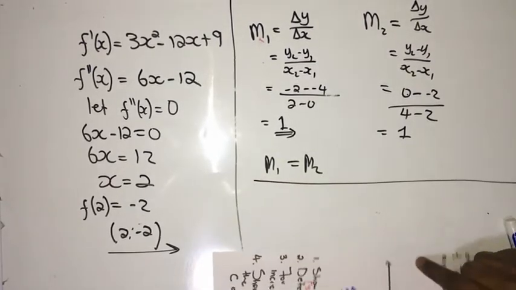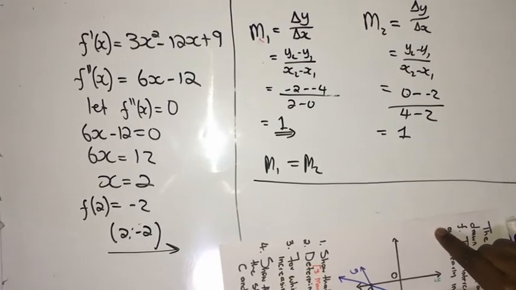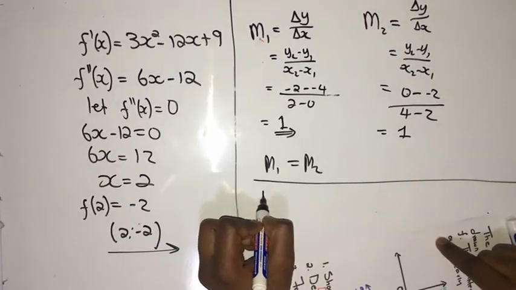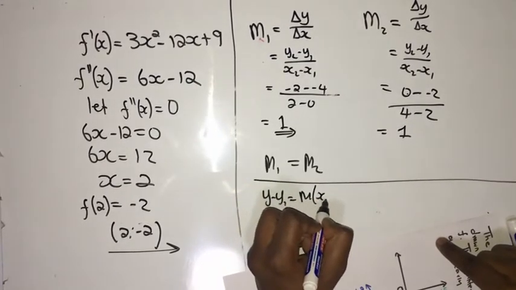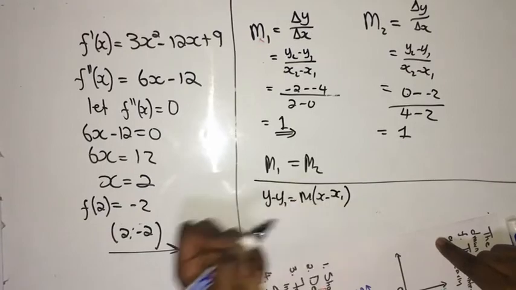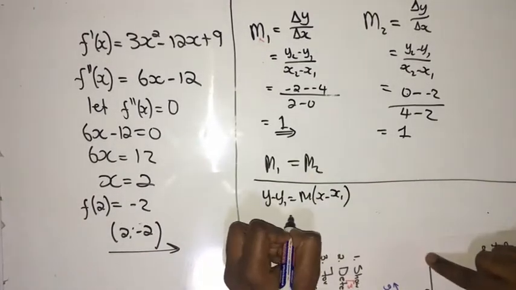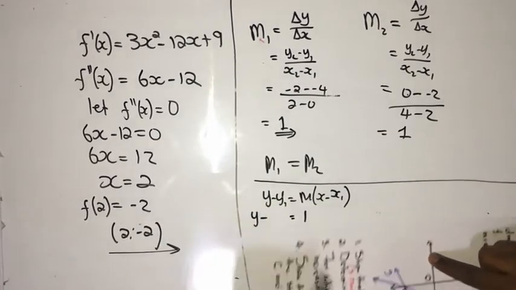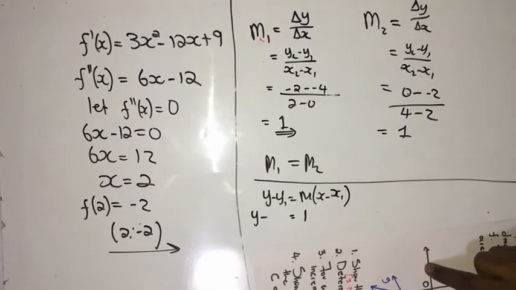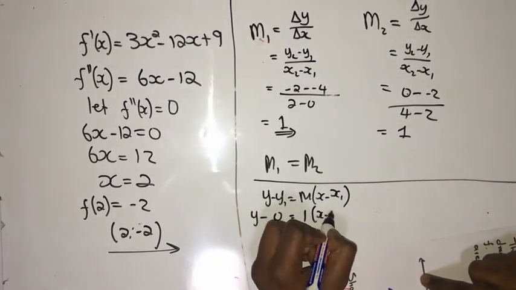The other method is to find the equation of the straight line, in the sense that y minus y1 is equivalent to m times x minus x1. We already know that the gradient is 1, so we can say this is simply 1. Let's use this point, so y1 is 0, and then we have x minus 4.